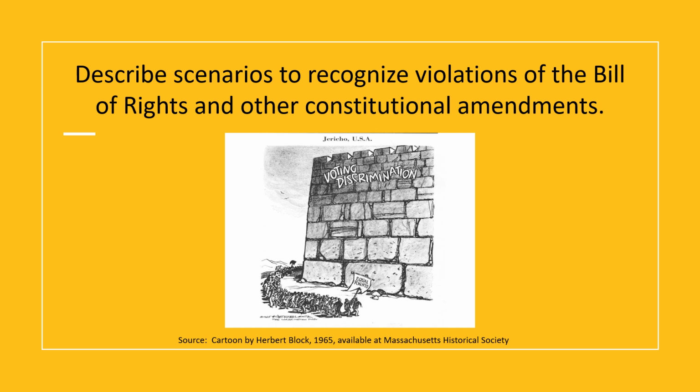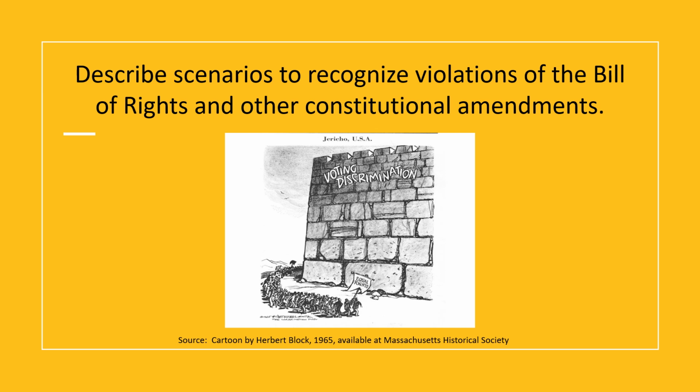In looking at this wall, we see that the wall says voting discrimination. Physically, this means that the citizens who are lined up outside the wall can't get past whatever's on the other side of the wall.